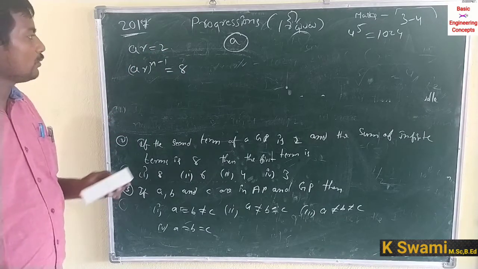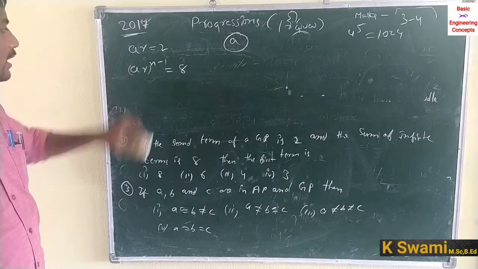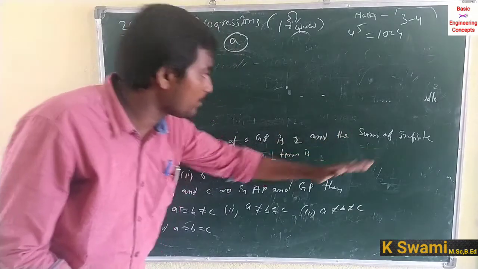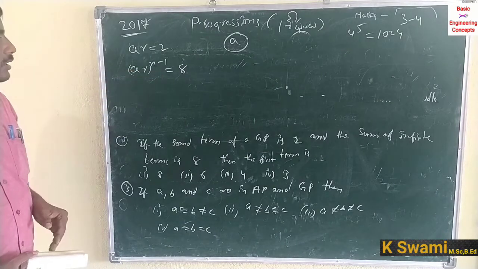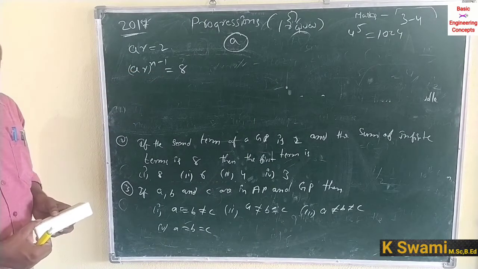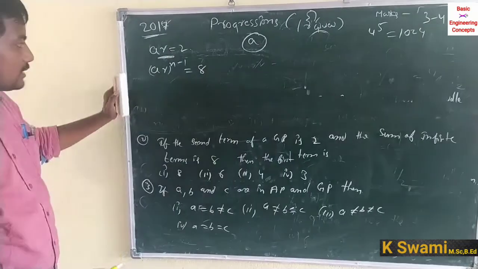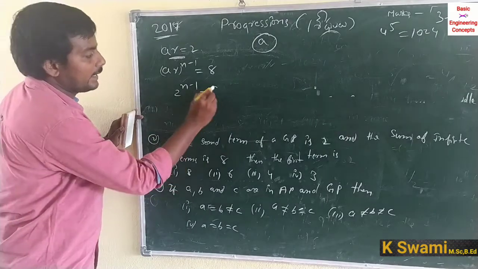Okay, we know that ar power n minus 1 is the nth term, which is equal to 8. Now ar is equal to 2, so that is 2 power n minus 1 is equal to 8.